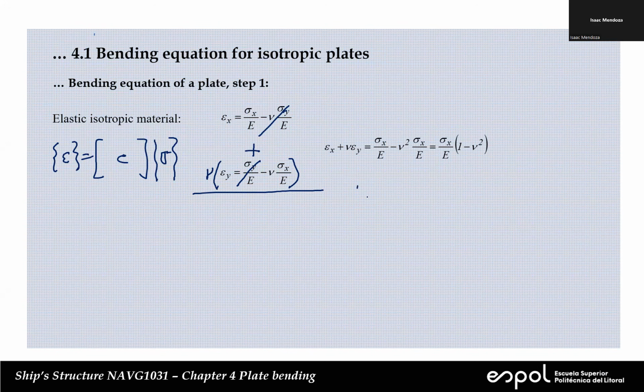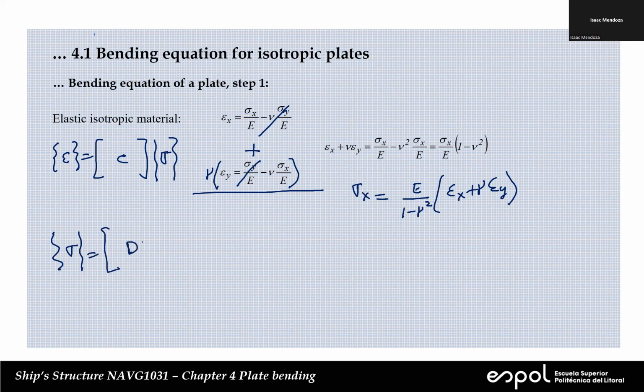So sigma x is going to be equal to E over 1 minus nu squared times epsilon x plus nu epsilon y. You can express this, or you can express it the other way, sigma y like this.